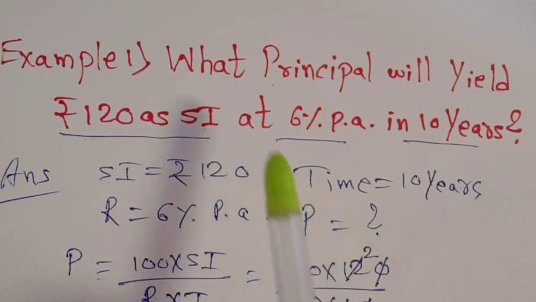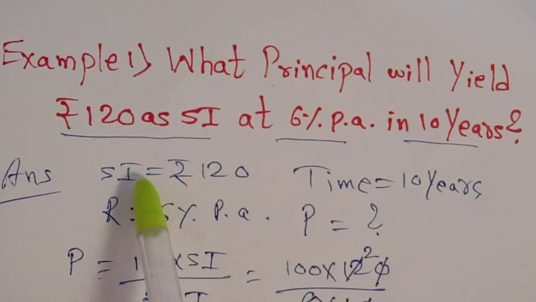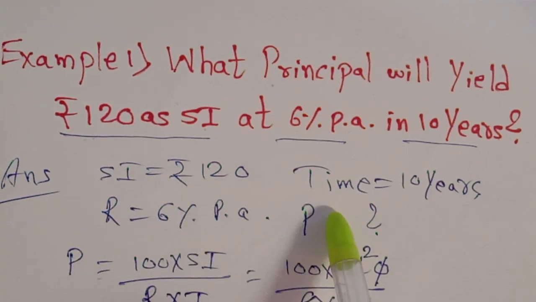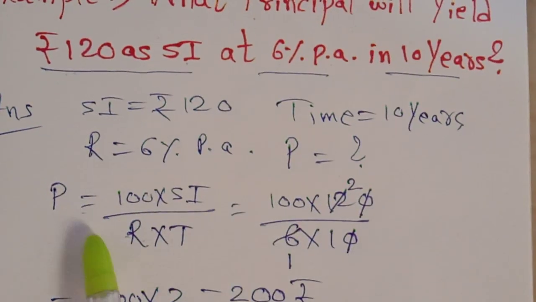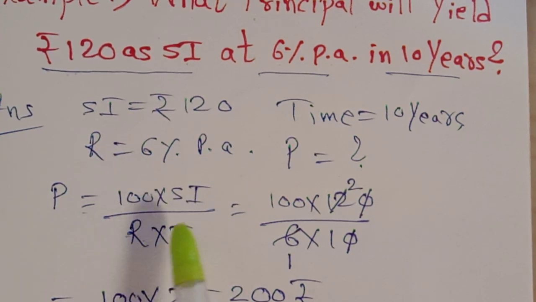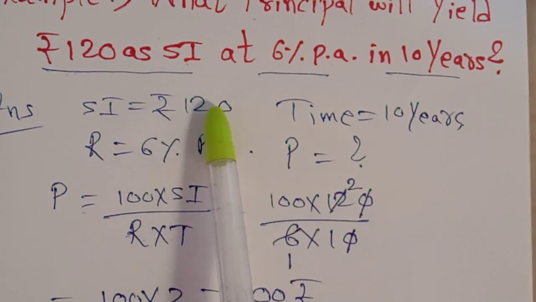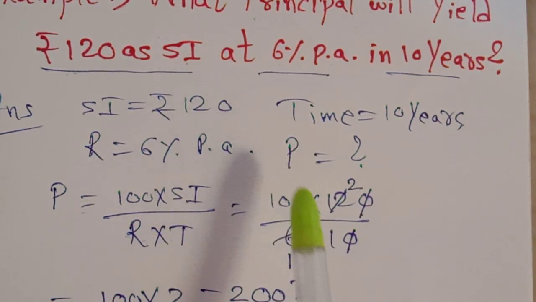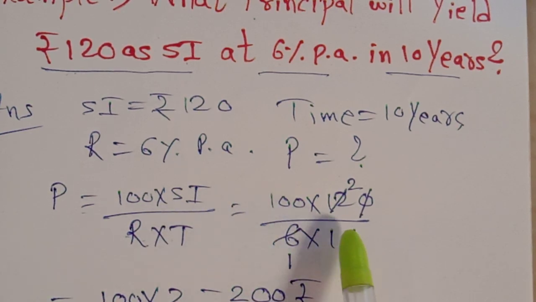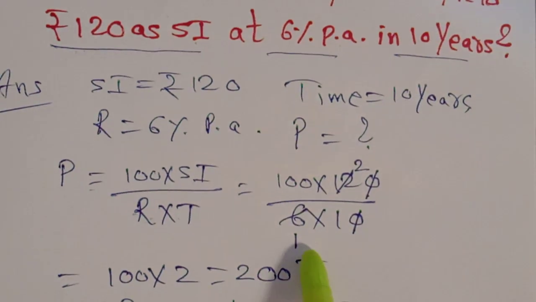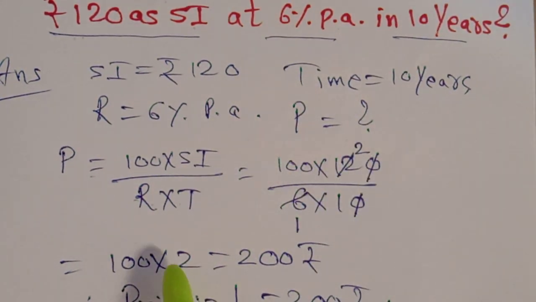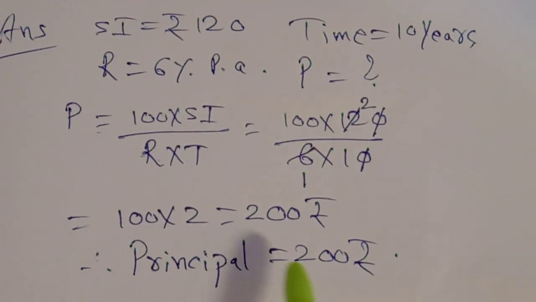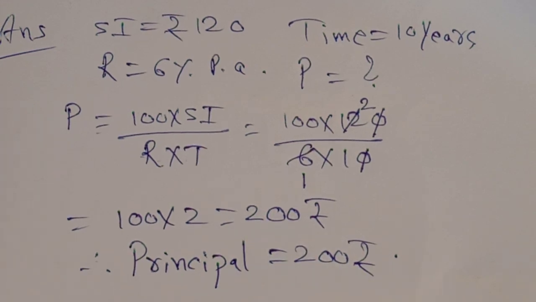To find the principal, when they have given R, T and SI, the formula is 100 into SI by R into T. So 100 into simple interest 120, by R into T, which is 6 into 10. I cancelled this 0 and this 0. Next 6 1s are 6, 6 2s are 12, they cancel. Next we multiply 100 into 2. 100 2s are 200. So I got the answer. The principal is 200.